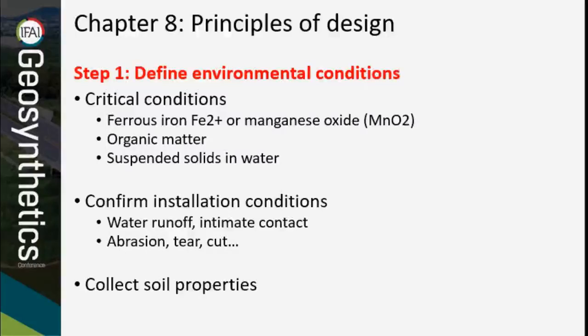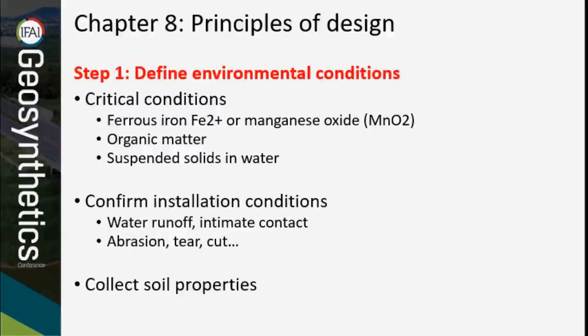First, define environmental conditions. We need to identify whether we have presence of iron, of organic matter, of suspended solids that may tremendously affect the performance of geotextiles. We have to confirm the installation conditions. So having water runoff on top of a fabric before it's covered will affect its performance.